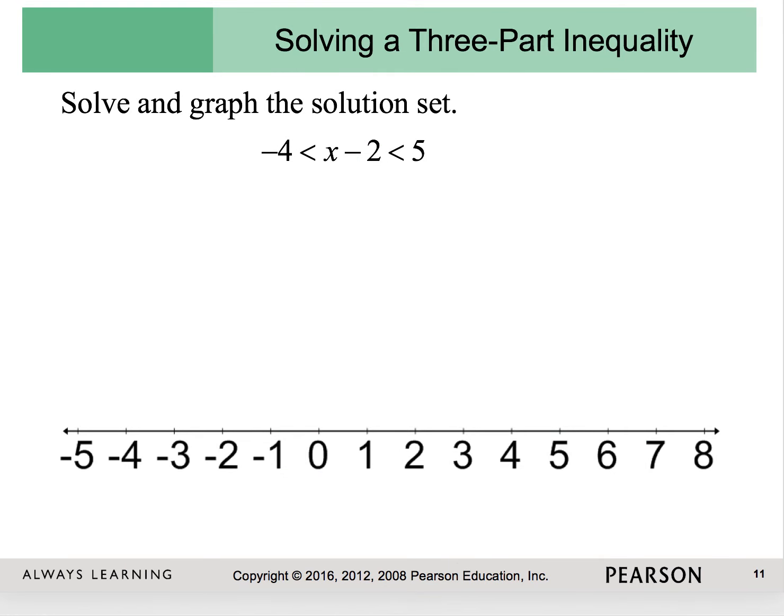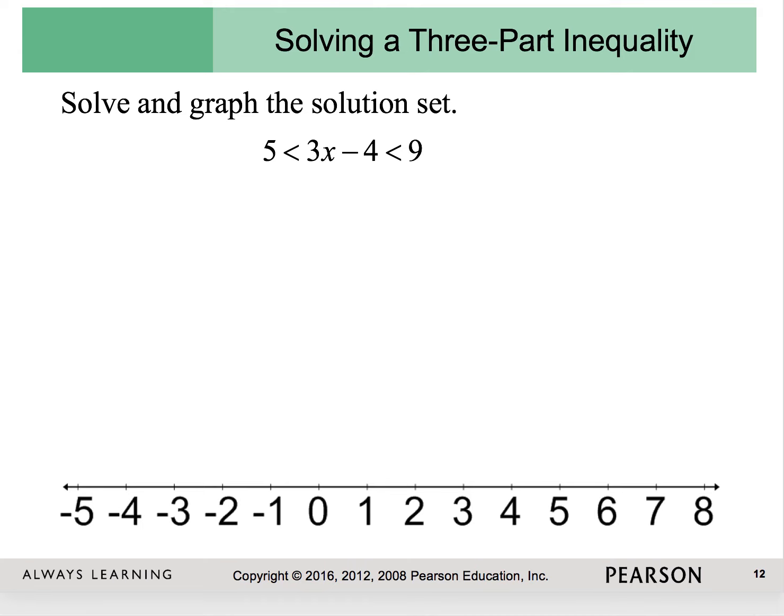All right, let's try that one more time. Okay, isolate the x, just add 4 to all three sides instead of a typical 2 sides. So I have 9 less than 3x less than 13.